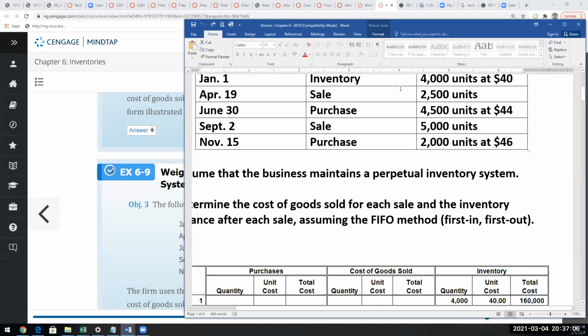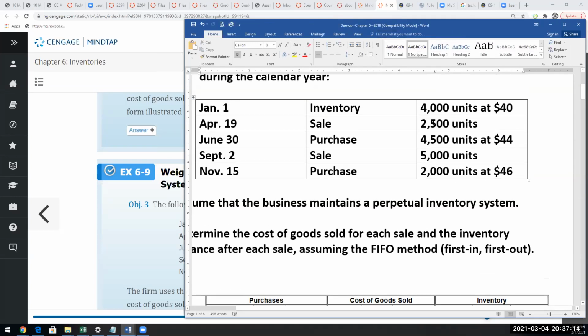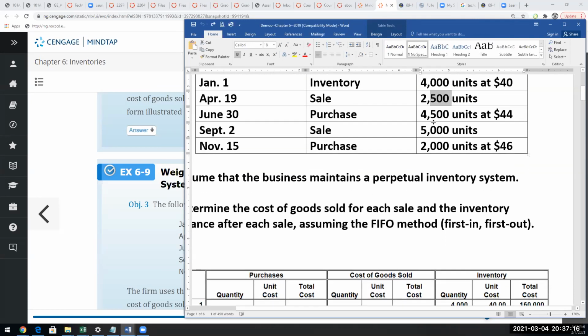The second thing is we're going to have a sale. The question is, I've got 4,000 units. Can I sell 2,500? Yeah, I can sell. I have plenty. I got 4,000. So can I sell 2,500? I sure can. That gives me 1,500 left. Do I have any questions about where I'm getting these magic numbers? So when I make a sale, the cost of goods sold, I'm going to sell 25 of these $40 volumes.